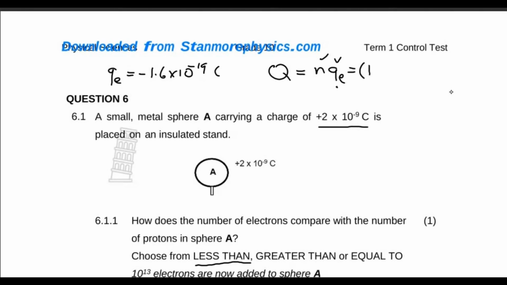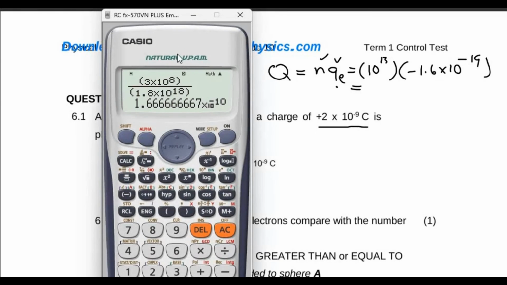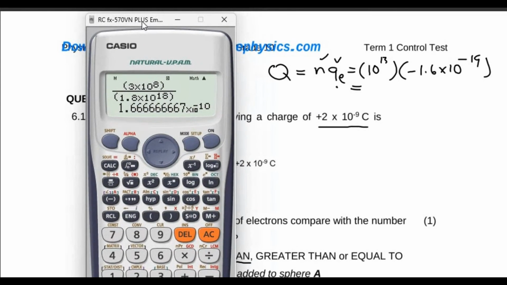N, they said, is 10 to the power of 13 electrons that were added. Multiplied by minus 1.6 multiplied by 10 raised to the power of minus 19. Put this in a calculator to find out how much. So we are given the electrons, and we want to see how much charge was actually transferred. The charge will be Q.